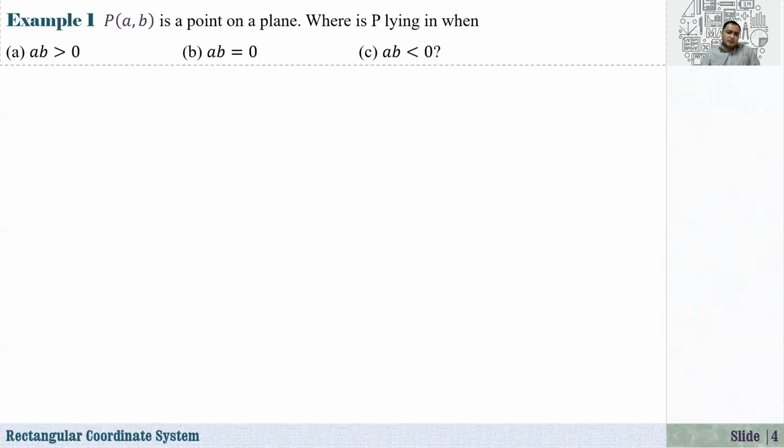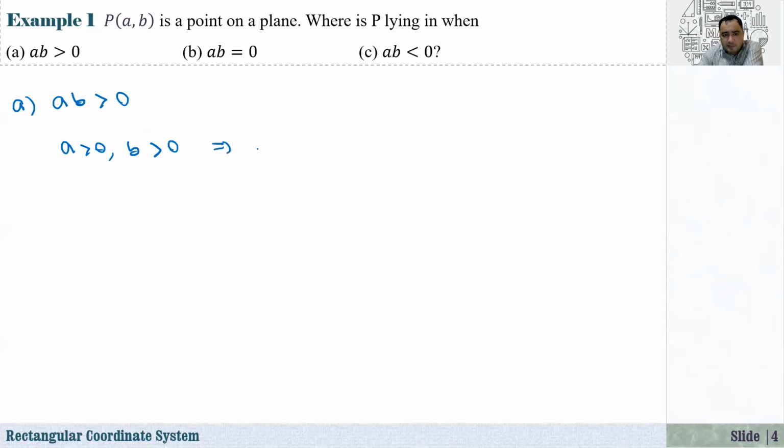If you look at the first question, A times B is greater than 0. In previous videos, we already investigated this situation. We know that the product of two real numbers is positive if and only if they have the same signs. So here we have two conditions. The first case is either A is positive and B is positive.